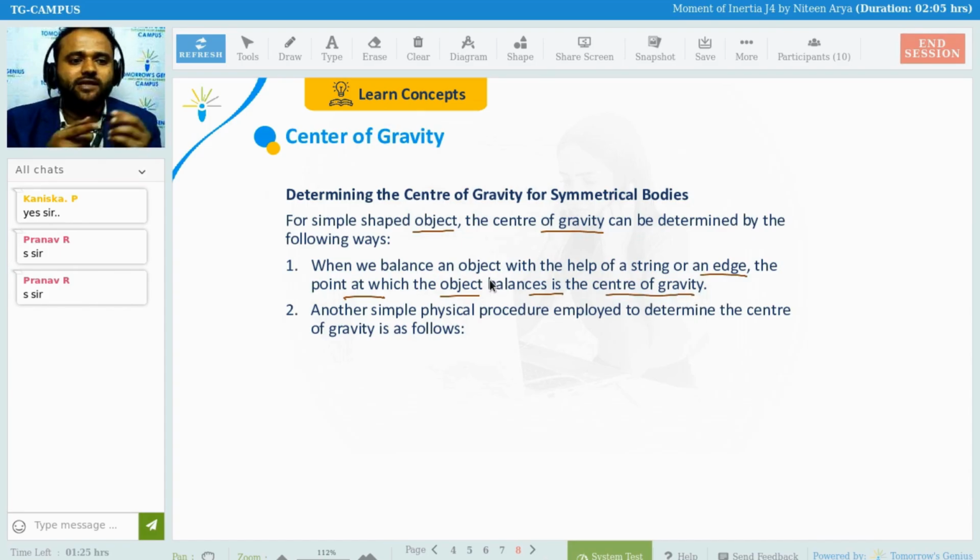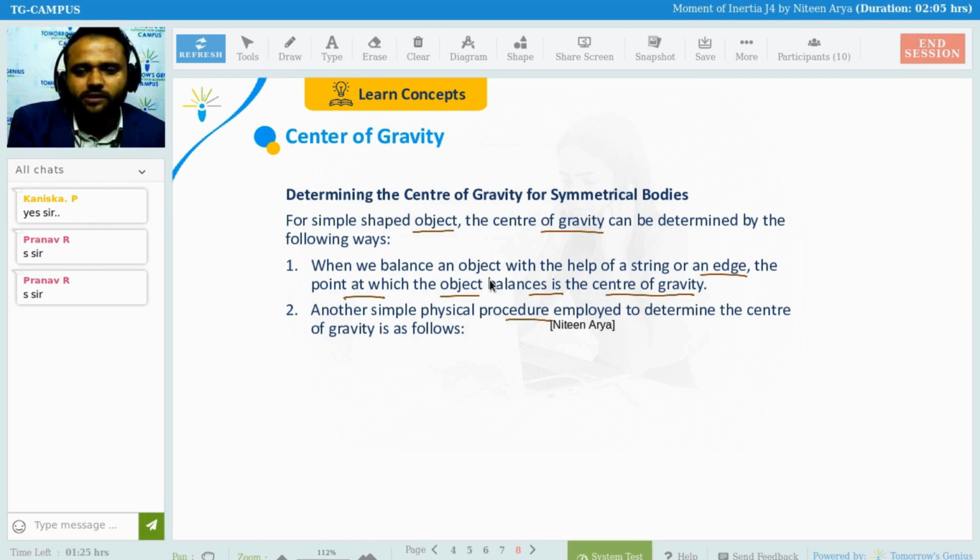As in the simple example of a pen, the center of gravity is going to be at the center. Why so? Because if I try to balance this pen from this end, it is not going to be balanced. So for any symmetric body, we choose a particular hypothetical or theoretical point, known as the center of gravity.